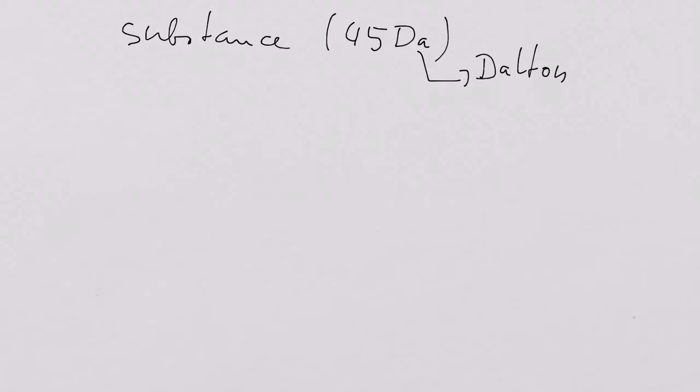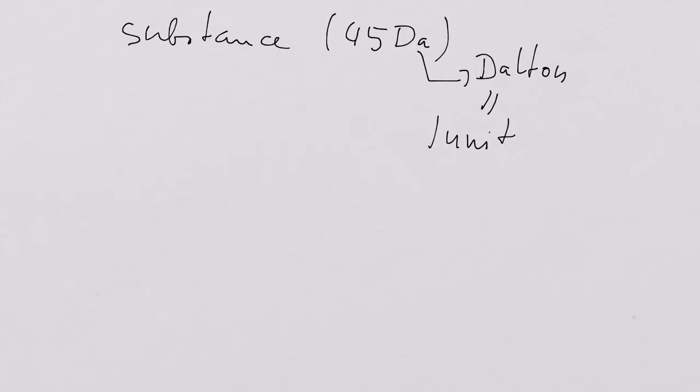And you think, what the heck is a Dalton? Not to worry about it. This Dalton is sort of almost short form for a unit. So Dalton is 1 unit.